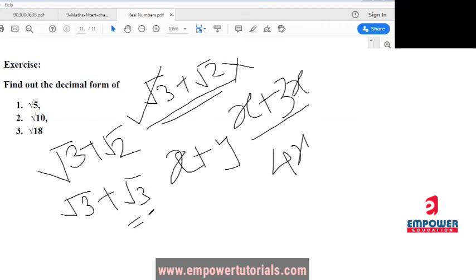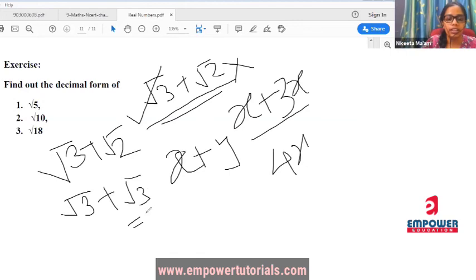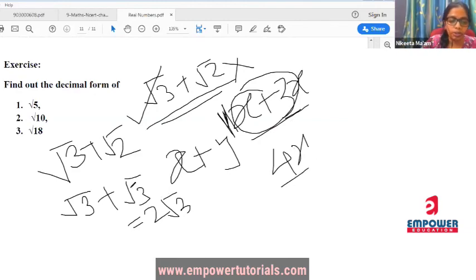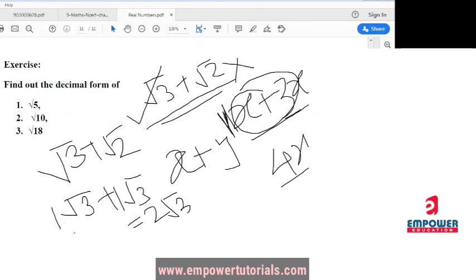No. It will be 2 root 3. You have to use the same method. If there is nothing, you consider it as 1. Here it is 3, so 1 plus 3 will be 4x. So you have to consider the irrational number as a variable.